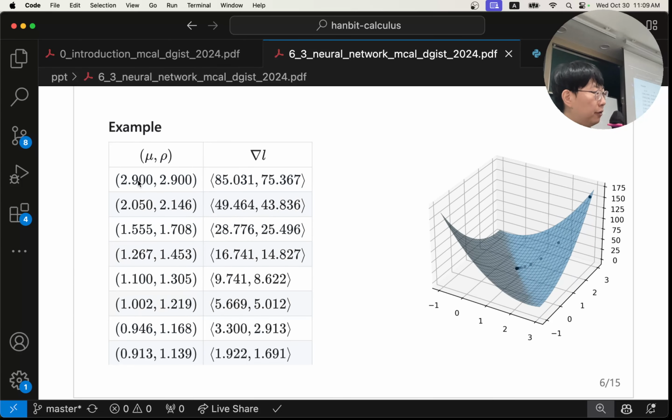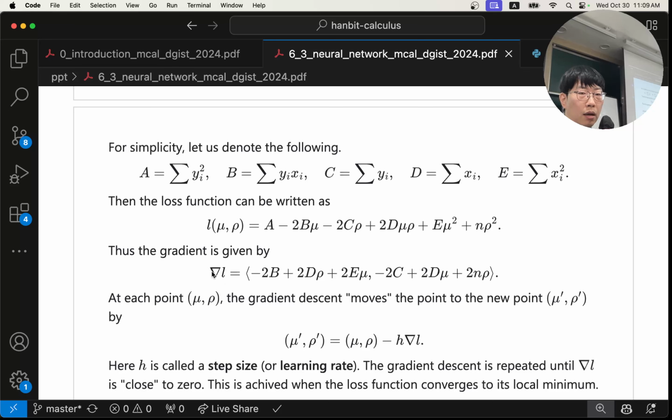So what happens is, you start from one point, a random point, but I chose it to be 2.9. I intentionally chose 2.9 here. At that point, you compute your gradient as a two-dimensional vector, because you already have your function L, since everything is determined by the data set.